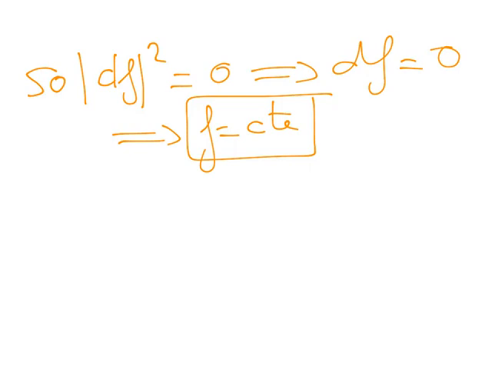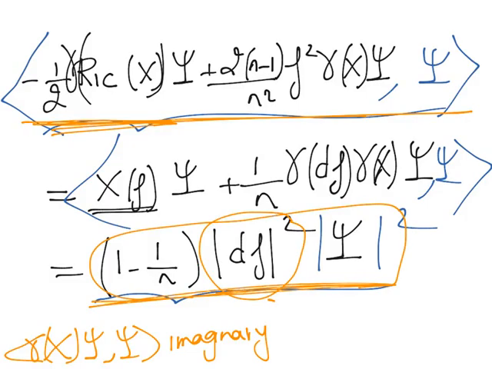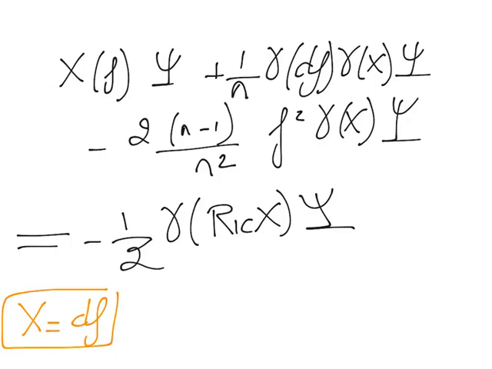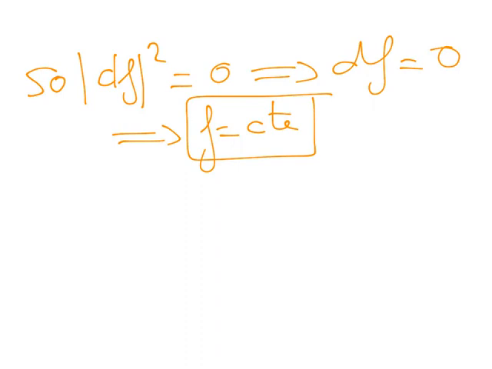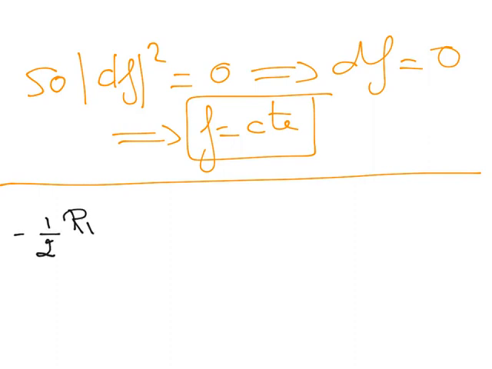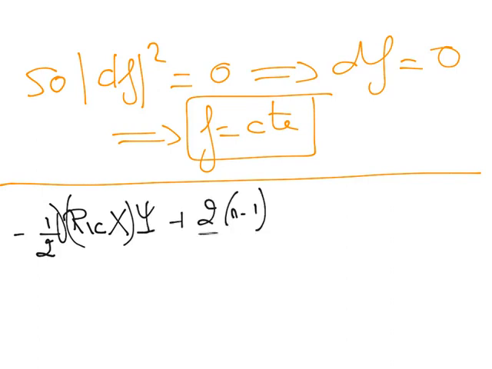come back, since f is constant, so we come back to this identity here, which is true for any x, so let's write it again with f constant, to get x(f) minus half Ricci gamma of Ricci x psi plus 2(n minus 1) over n squared f squared gamma x psi.